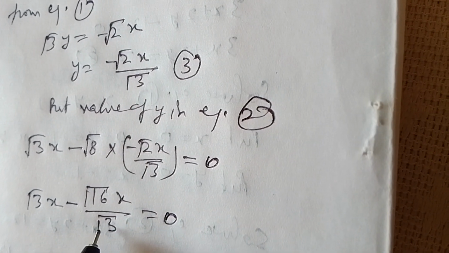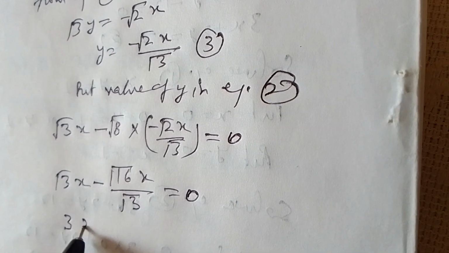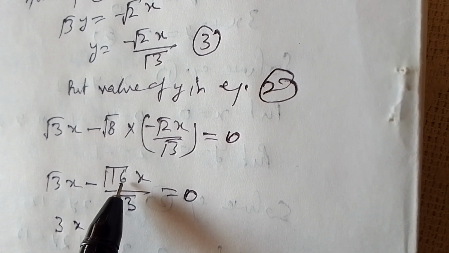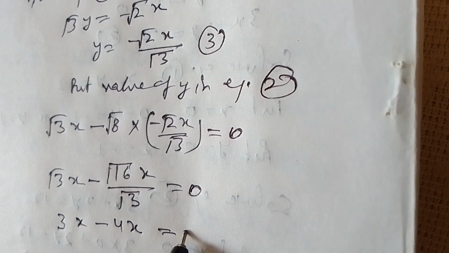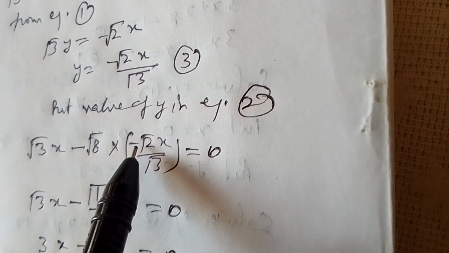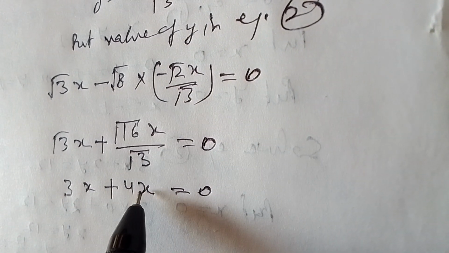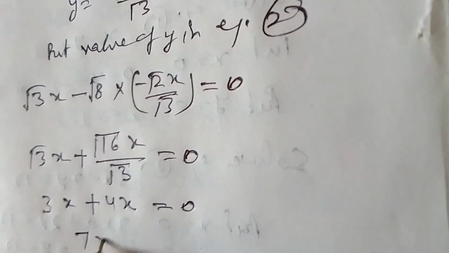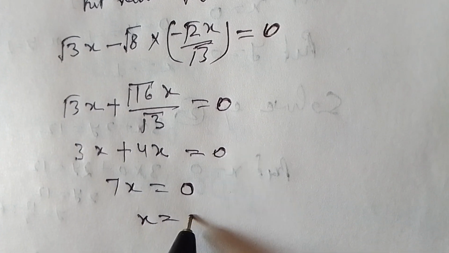So here under root 3 multiplied by under root 3 becomes 3x, and minus 16 under root can be written as 4x is equal to 0, because minus multiplied by minus becomes plus sign. So it is 3x plus 4x, 7x is equal to 0. So x comes out to be 0.